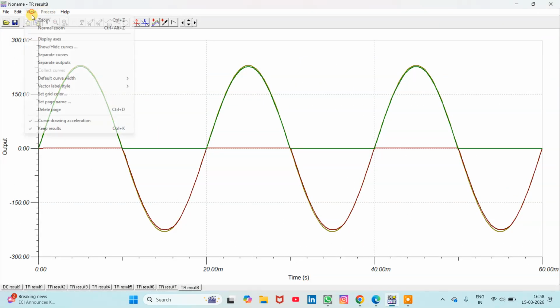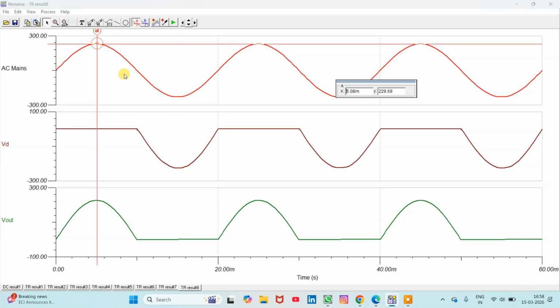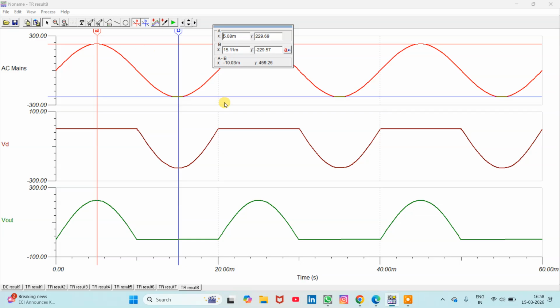Let's see what the separate waveforms show. Now you can see the AC waveform, which is clearly between plus minus 230 volt. If I put the B cursor here, yes, we have plus minus 230 volt for the AC.